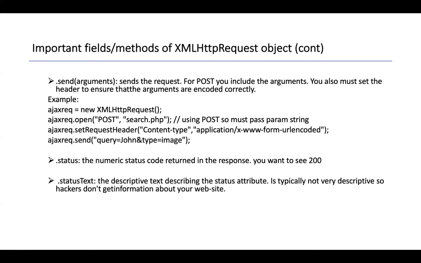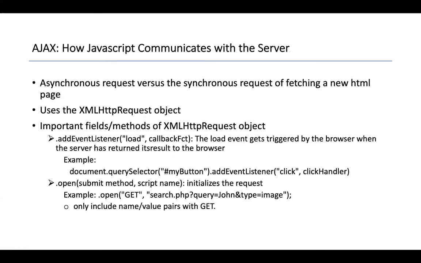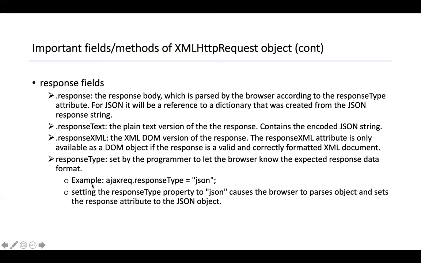You will provide the arguments either as a continuation of this text string if it is a get method, or separately in the send method. The send method actually initiates the request, and the load event is the one that you want to associate a callback procedure with in order to handle the server response. And then these response fields give you that response information.